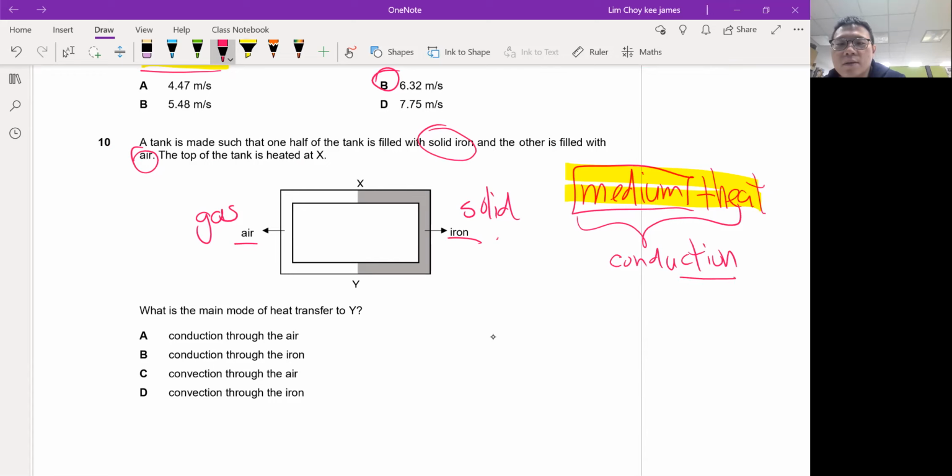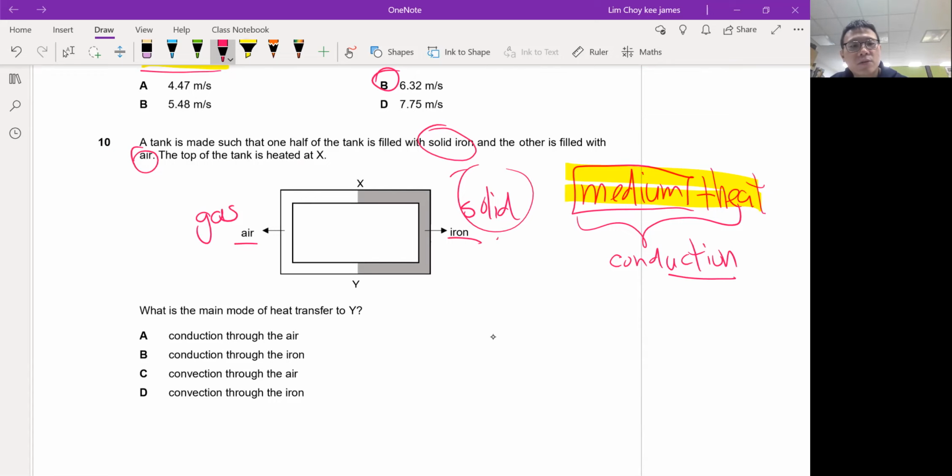Of course, I will not say it's convection, because if it were convection, I would not give you a solid, since convection doesn't occur in solids. If it's radiation, I would need to know the colors, the texture, the size, even the temperature itself. I'm given none of this in the question, so it's just between solid and gas. Most likely it would be conduction.